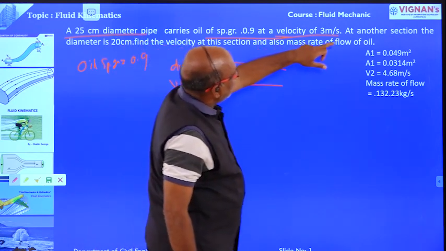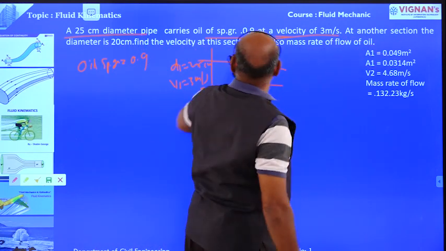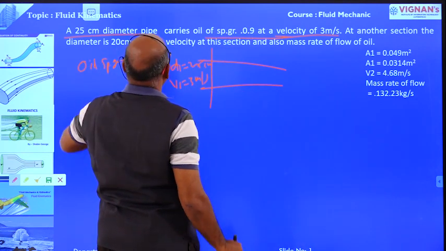Right? Then at another section the diameter is 20 centimeters.